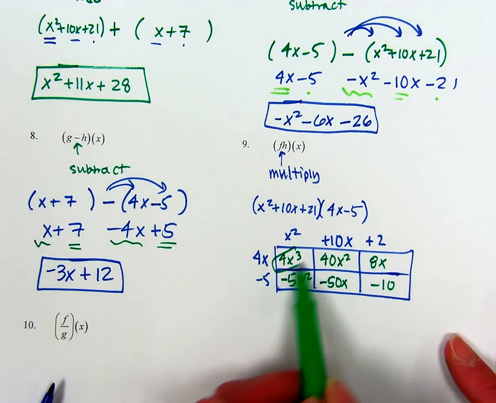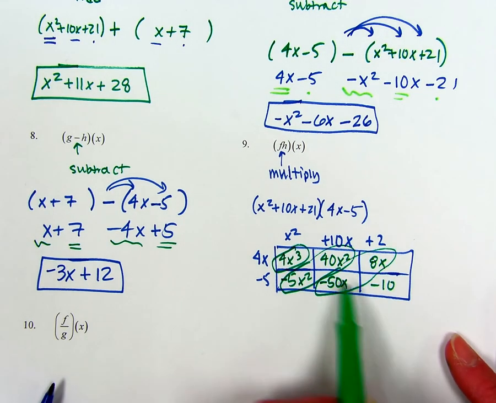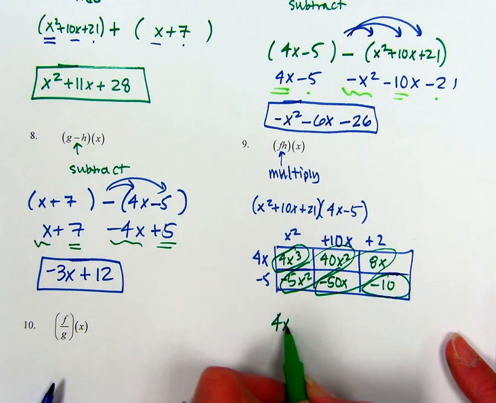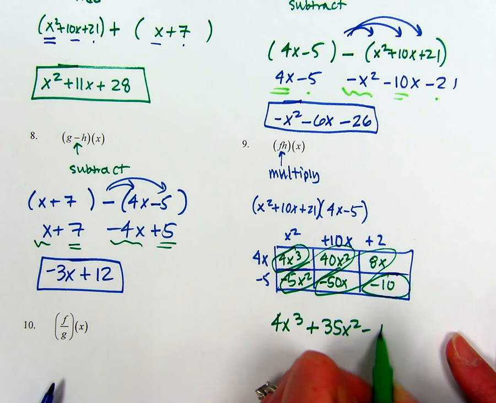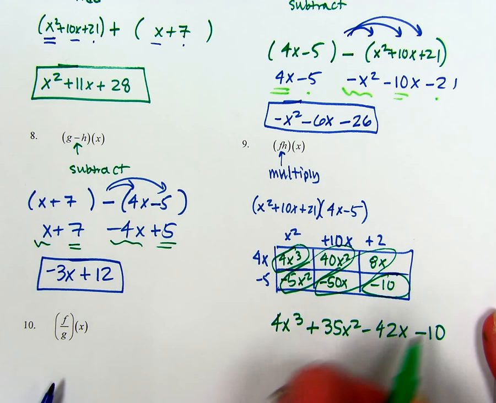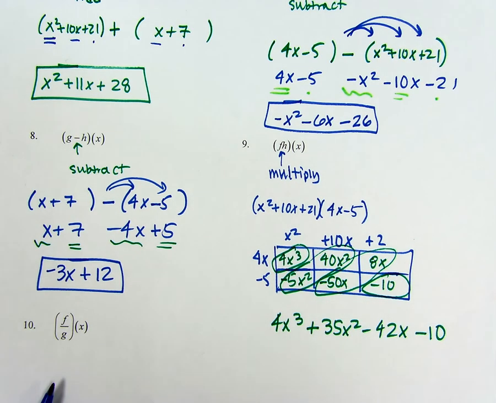Now this time we do have our like terms that can combine in our diagonals. So we have 4x cubed plus 35x squared minus 42x minus 10. Oh, sorry, this says 21.